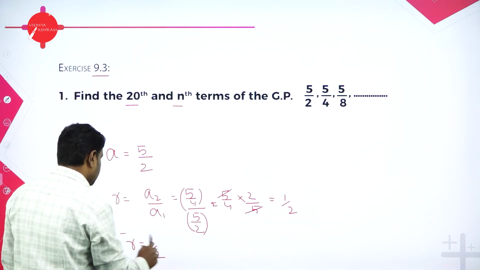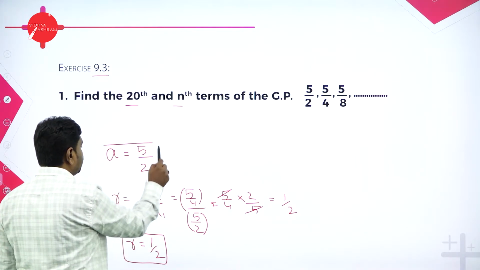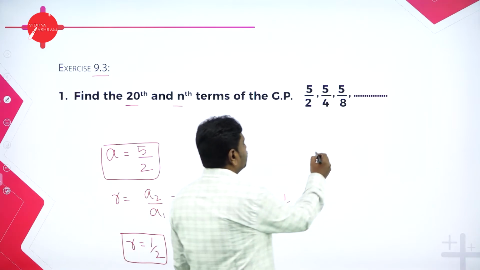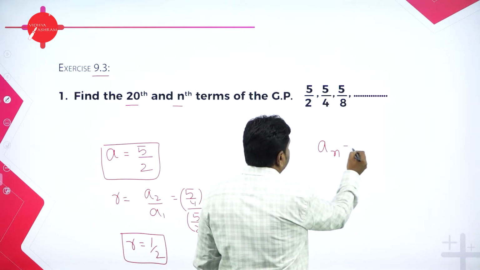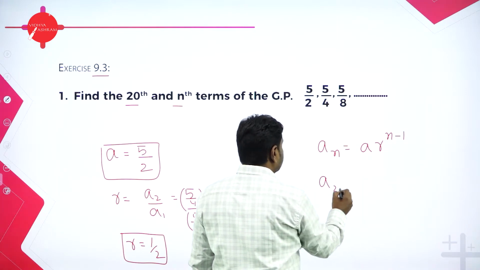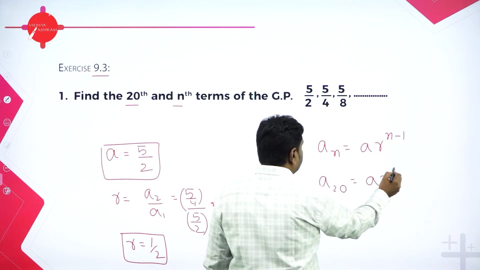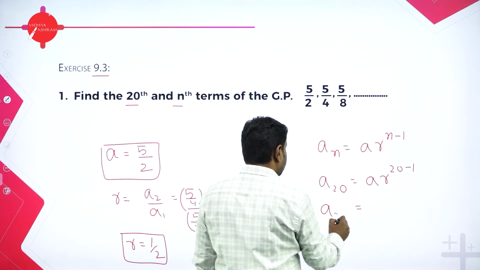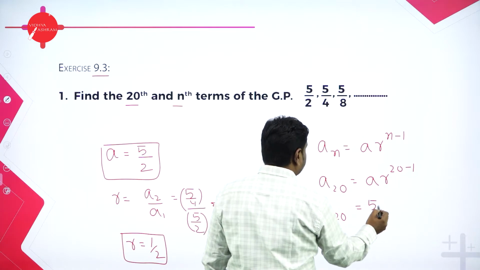What is the common ratio? 1 by 2. You have first term 5 by 2, common ratio 1 by 2. And now you need the 20th term. So an, what is an? A into r power n minus 1. A20, what is A20? A into r power 20 minus 1. A20 is the 20th term. A means first term is 5 by 2.